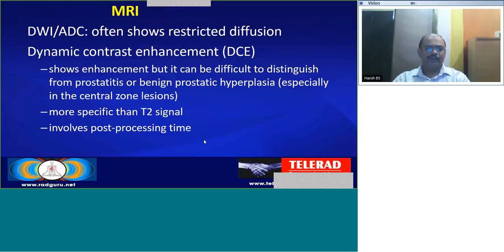Dynamic contrast shows enhancement, but it may be difficult to distinguish from prostatitis or benign prostatic hyperplasia, especially if it involves the peripheral zone. In case of peripheral zone lesions, it is more specific than T2 signal and involves post-processing time.